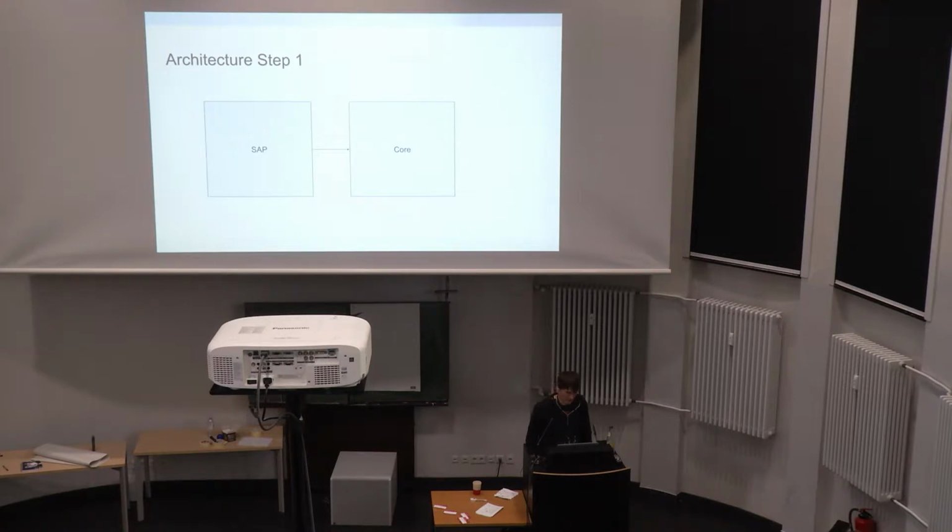Then we started using microservices. So the first app was extracted, and the second app, and then it looked like that. We extracted the entire search logic, which was also part of the old core application, into its own app, which we call Search App.